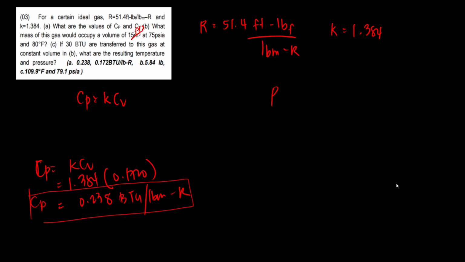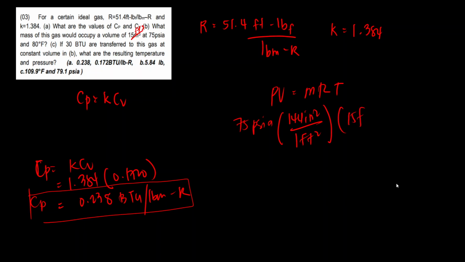Okay, so PV is equals to mRT. P natin is 75 psi, pound per inches squared, times 144 inches squared per 1 feet squared. Okay, ang given is 15 feet cube. Ang hinahanap is mass, diba? m, and then meron tayong 51.4 foot pound force per pound mass Rankine.